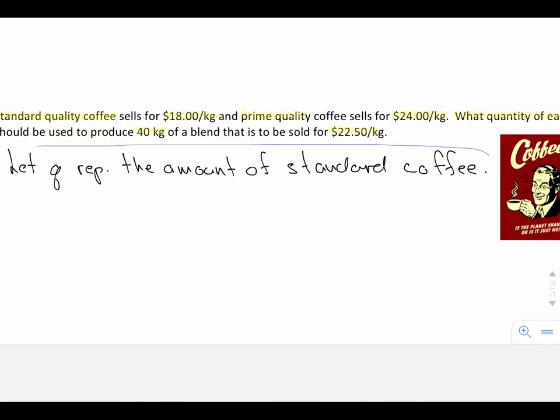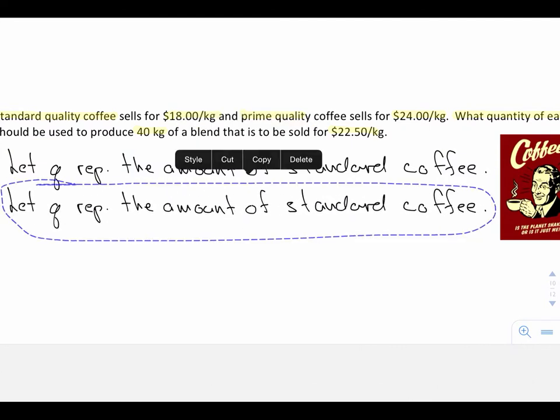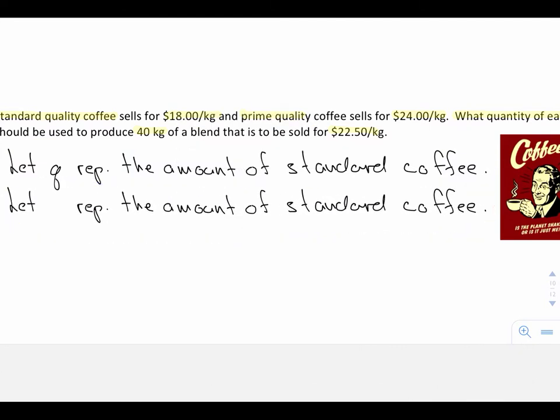So I'll just copy this whole thing because everything's pretty much the same. Paste it here. And instead of Q, I'm going to write P, and not standard, but premium coffee.